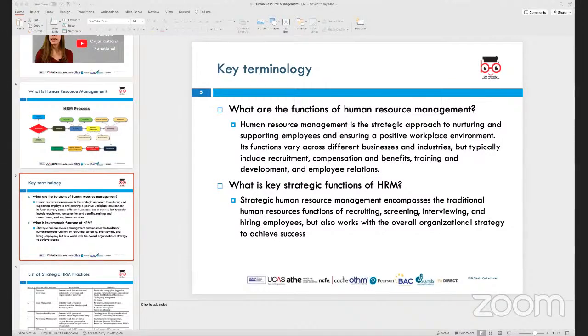If I look at an engineering company or a manufacturing company, some of these functions might be heavily skewed towards people who work within production and engineering departments, and that is where the majority of the workforce would be.